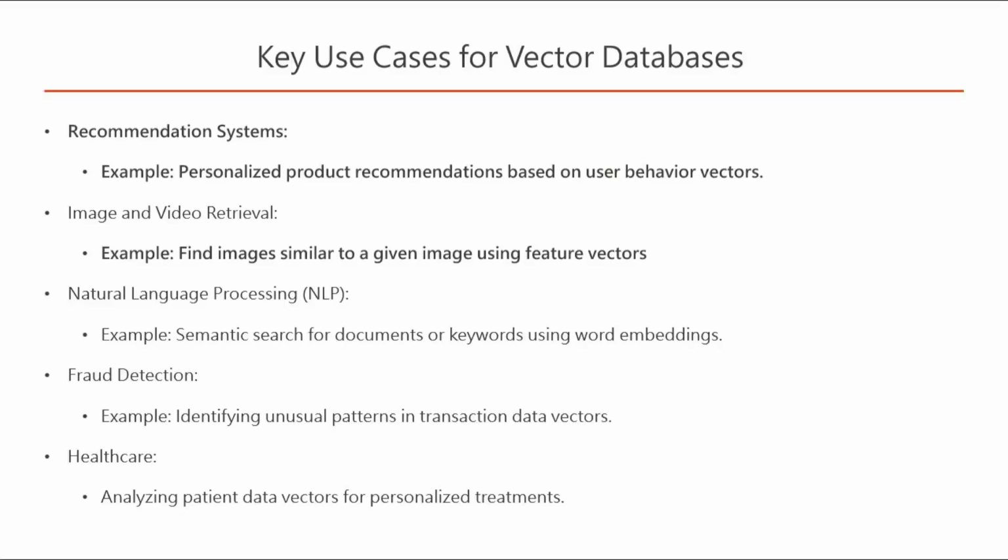For example, find images similar to a given image using feature vectors, like finding a picture with a picture. And third is natural language processing, NLP. For example, used in similarity search for documents or keywords, using word embeddings or word disambiguation.